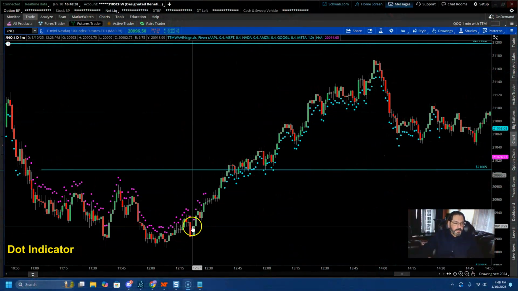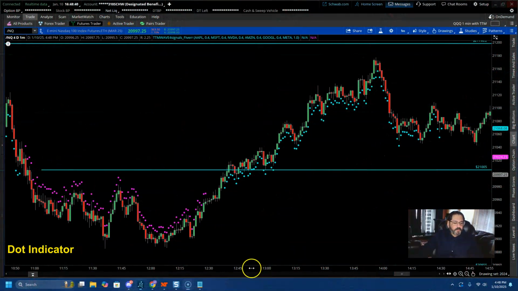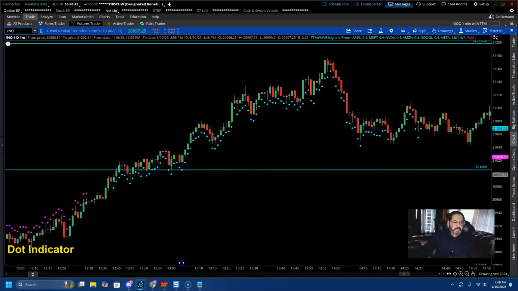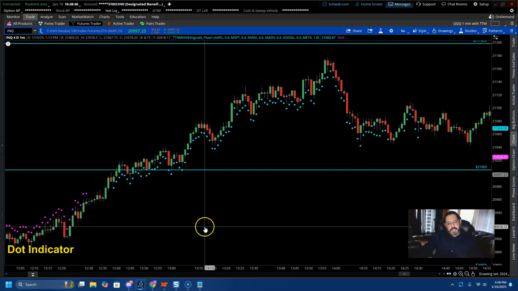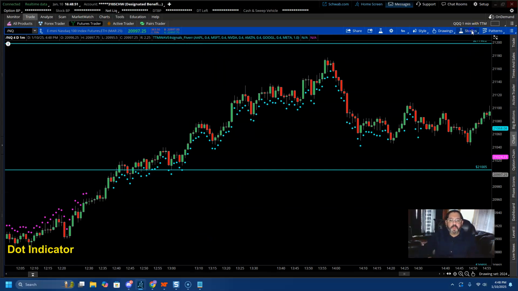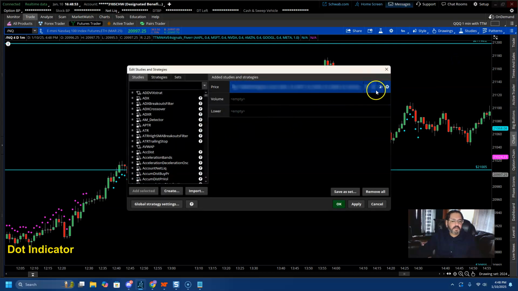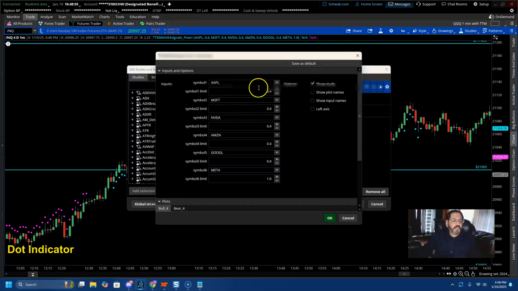Okay, so like Annie explained, this indicator basically looks for momentum in the underlying stocks that you're trying to capture, right? If you go into the settings of the indicator itself, you will see we have these 6 names, which we think have the biggest weight on the NASDAQ index.